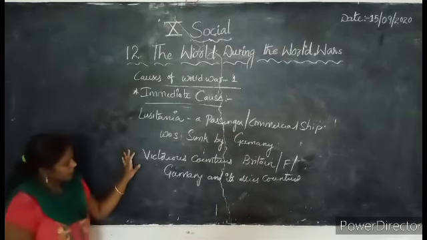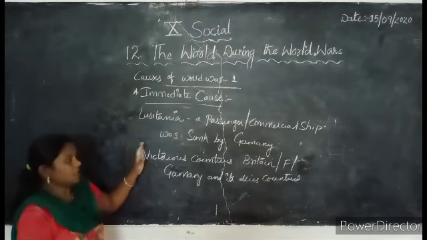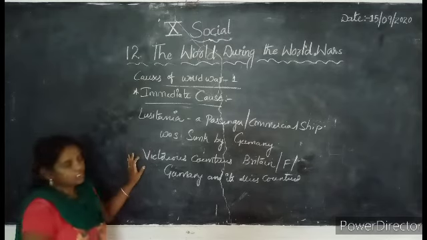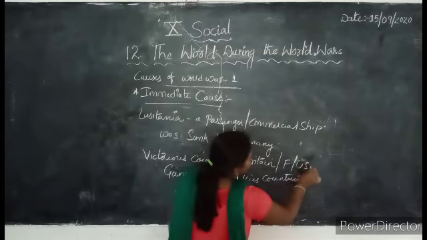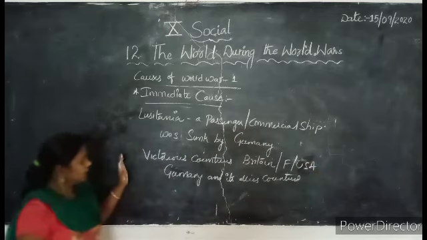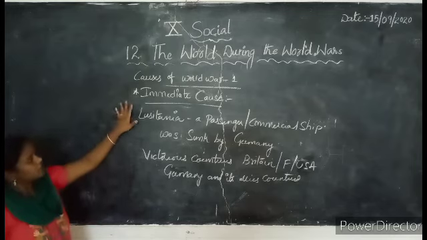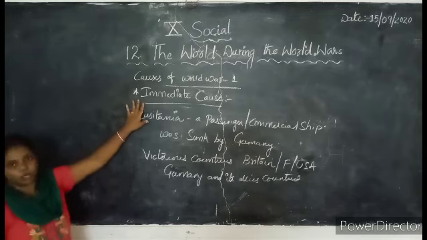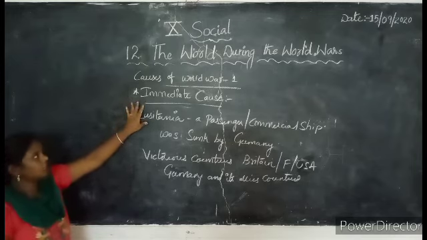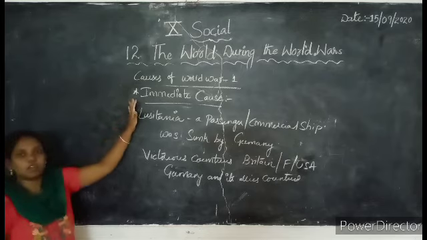Who got the victory? Britain, France and the USA defeated Germany and its countries. So this is about World War I. How World War I started, and what are the reasons and causes of World War I?